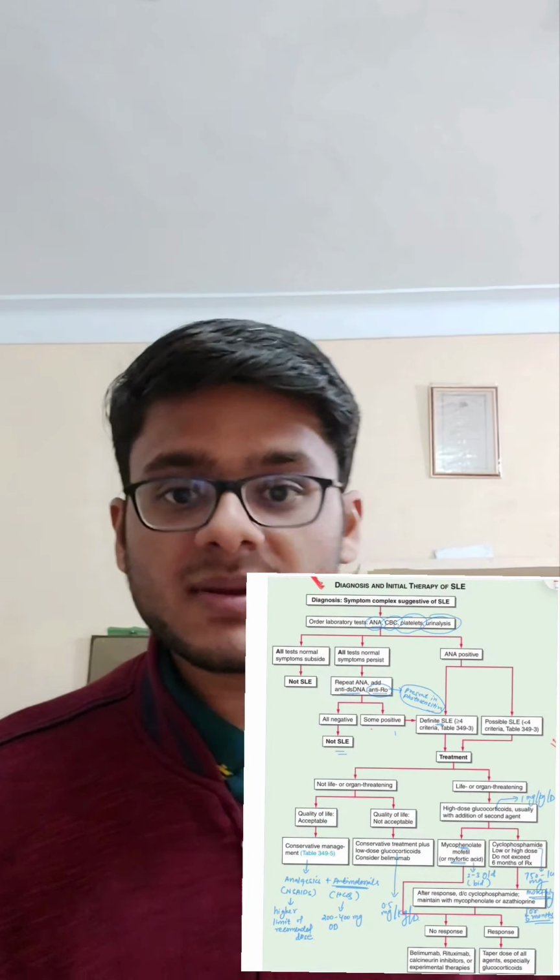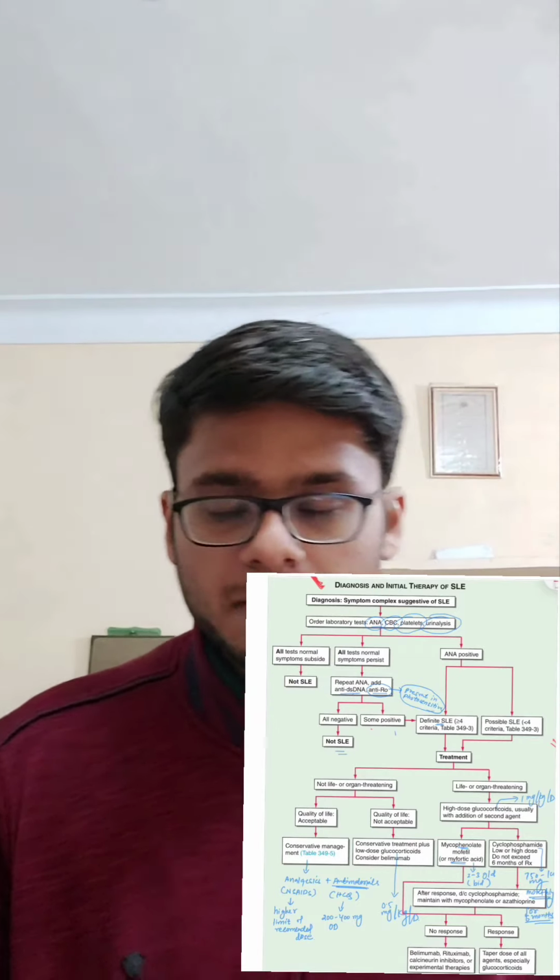Then in some situation, if the patient is worsening in the condition, low dose glucocorticoids are also administered, such as 0.5 milligram per kg per day. The life threatening situation are managed with a high dose of glucocorticoid, that is 1 milligram per kg per day, along with a second agent that may be mycophenolate mofetil, or there can be cyclophosphamide.